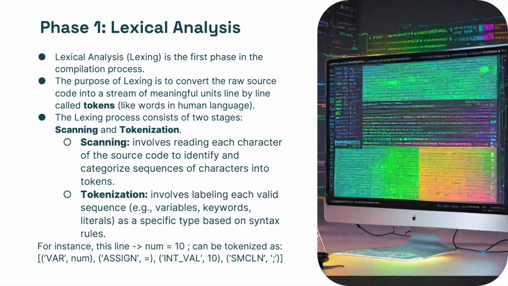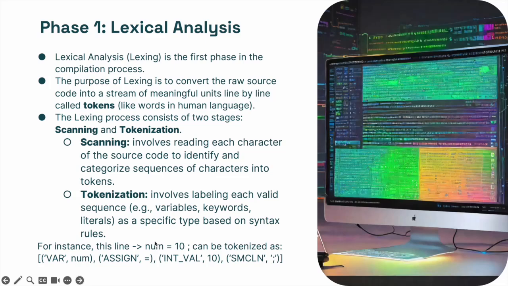So for example, if the line is like this, num equal to 10, we scan it, we identify what elements it has, and then we start tokenizing it, which basically means we label it into meaningful tokens.